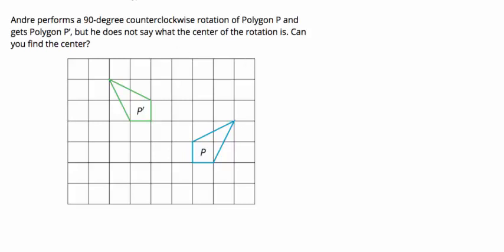So the first thing we're going to want to do is draw some lines to corresponding points. I'm just going to pick two, and I can pick any two points. So I'm going to pick this point here and this point here. So those are two corresponding points.